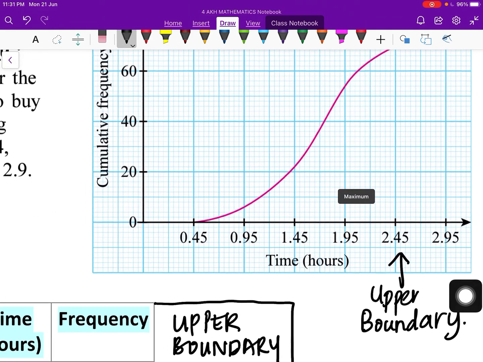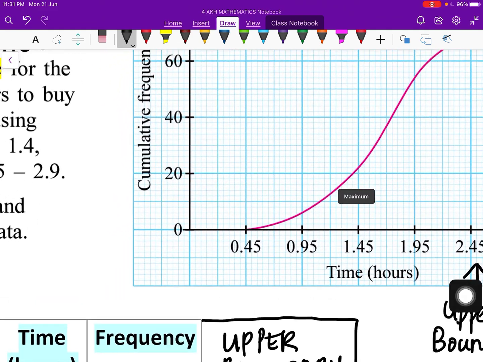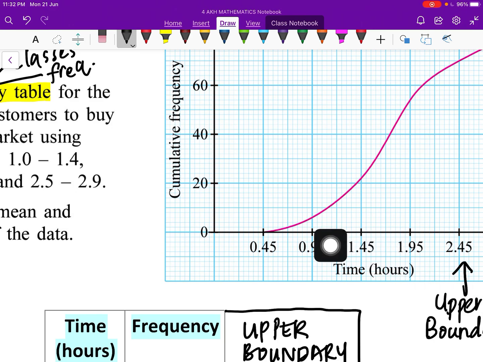Okay, let's look. 0.95, dia akan pergi kepada point ini. Kalau kat situ, tengok satu grid adalah berapa ni? Satu grid adalah 2, sebab tengah-tengah ni 10.